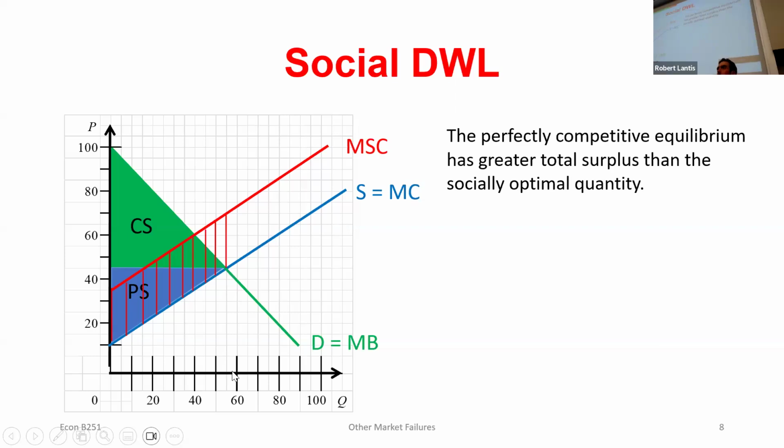How many units was the market producing and consuming? 55. So the additional cost to society from this market getting to that free open market equilibrium point was the value of the external cost, 25, times that quantity that the market stopped at, 55. That would represent this red shaded area.